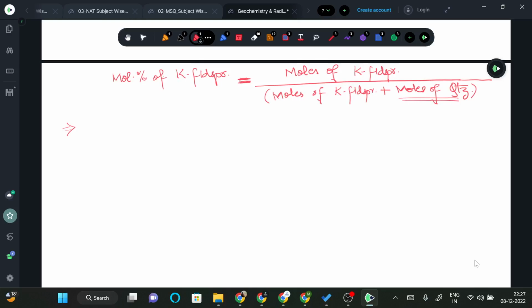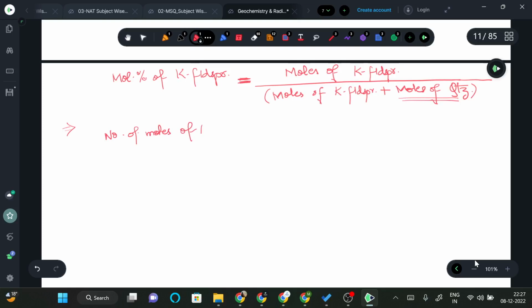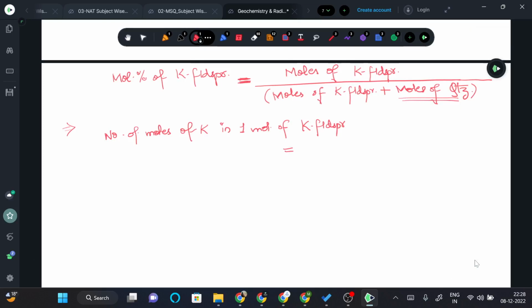So let me ask you one question, simple question. How many moles of K in 1 mole of K feldspar that I asked previously? Now this is simple mole concept practice. Number of moles of K in 1 mole of K feldspar. What will be the value here? 1.